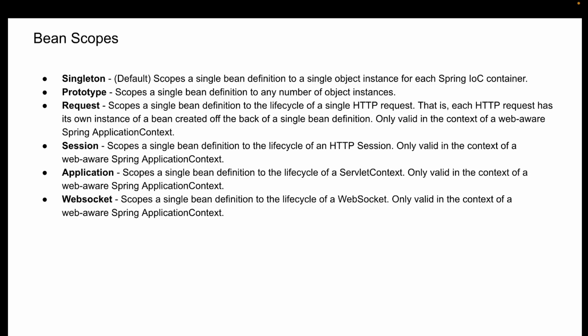Means for as long as the application is running, that Spring bean will be available. See, in the previous example we had a session, but let's say our application is still running, but we thought of ending the user session.